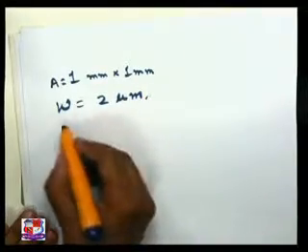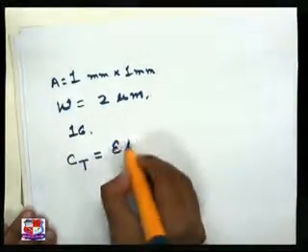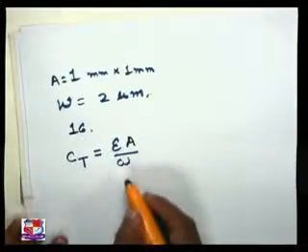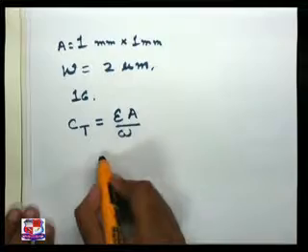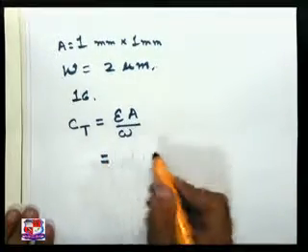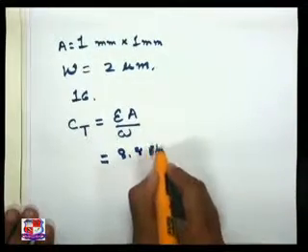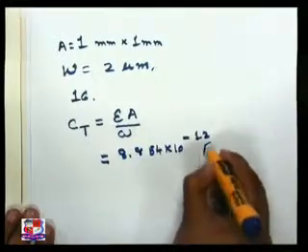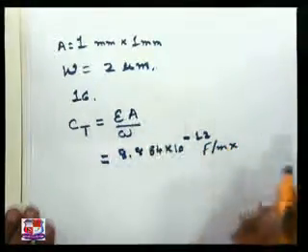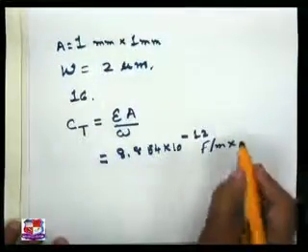The relative permittivity of germanium is 16, as I said, and if we apply the equation CT equals epsilon A upon W, that is permittivity into area divided by W, then we can take the general value of the permittivity as 8.854 into 10 raised to minus 12 farad per meter, because it is the regular, normal value of the permittivity.